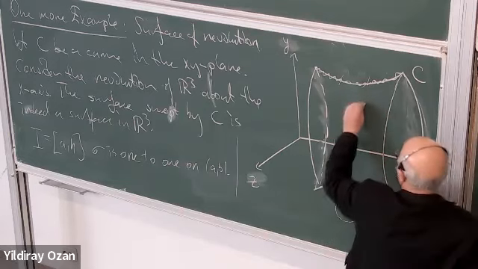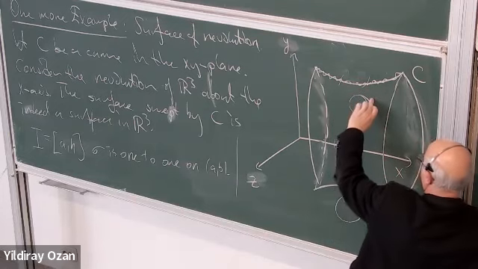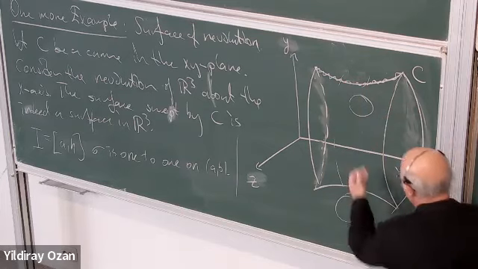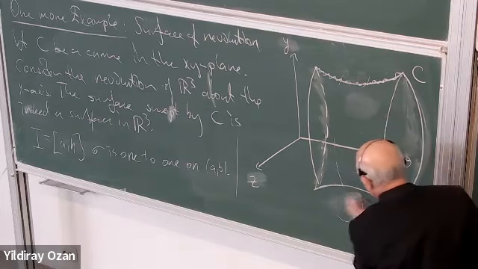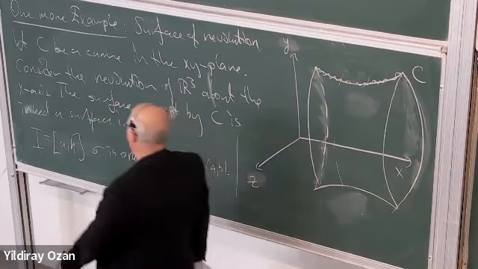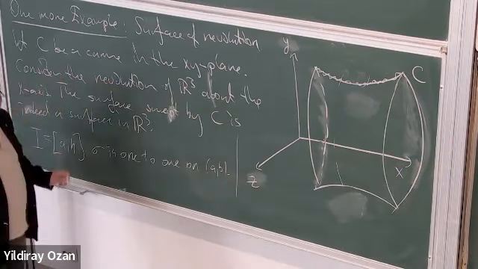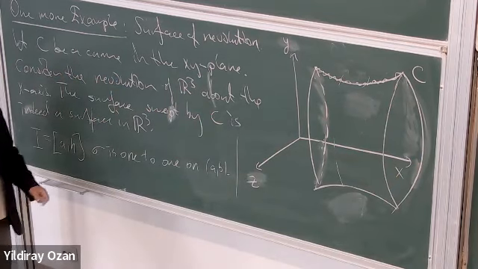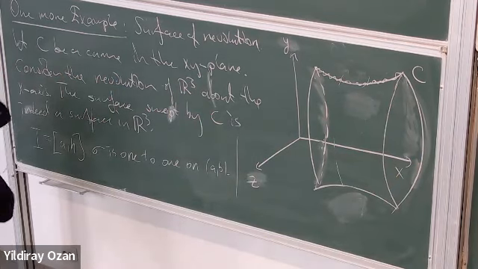If this is a circle like this, when you rotate this about this axis, you will get a torus. And in that case, your function is not one-to-one because the endpoints of your curve are the same. It's a closed loop.